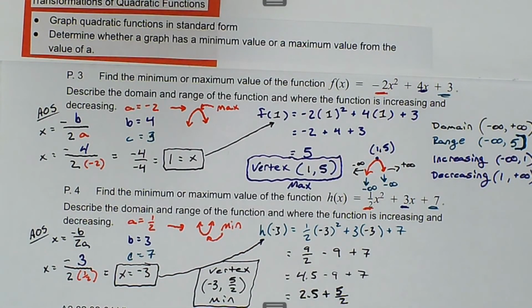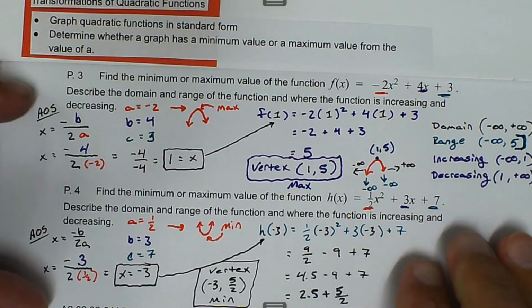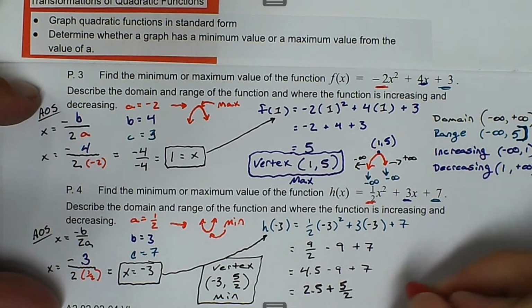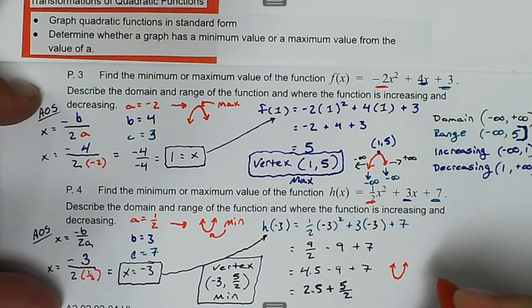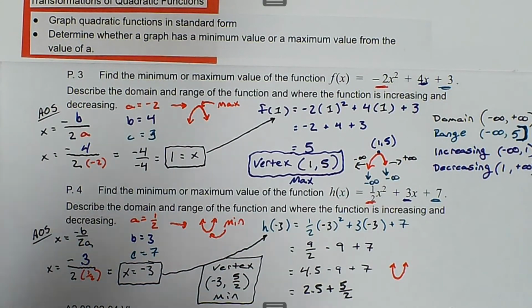So now that we have our minimum, I like to do a quick sketch just to help me remember where everything is located. So I know that my parabola is going to open up, and I know that my vertex is going to be at -3, 5/2.